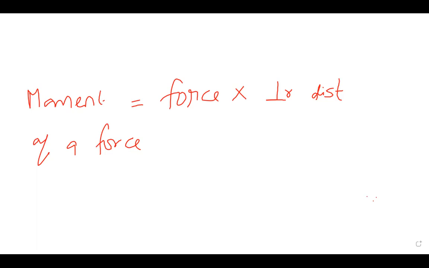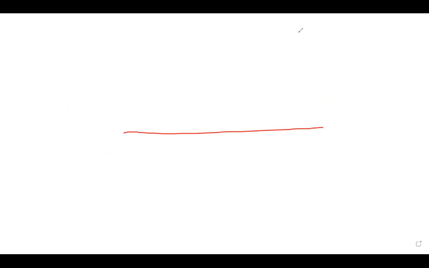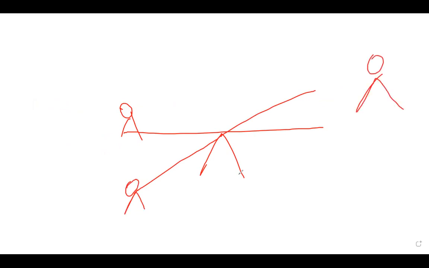What does it mean? Suppose there is a seesaw, it's like this. Now suppose there is a child sitting on this side. Once the child is seated in this seesaw, what happened? The seesaw will be tilted, it will become like this, and the child will sit on the ground. Now suppose the father is standing on this side. What is he doing?